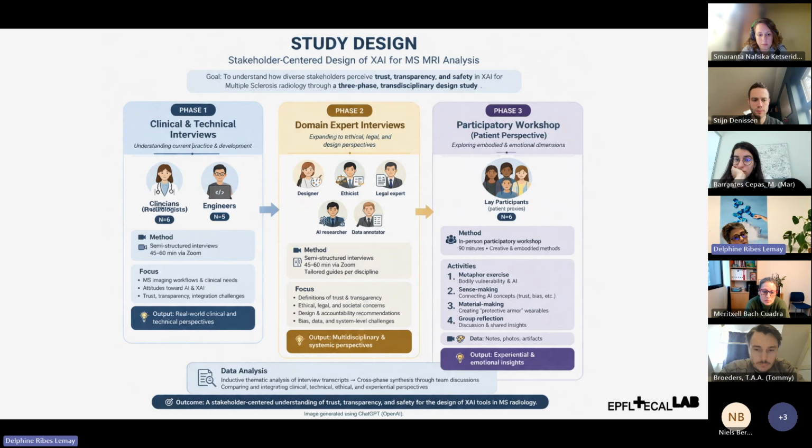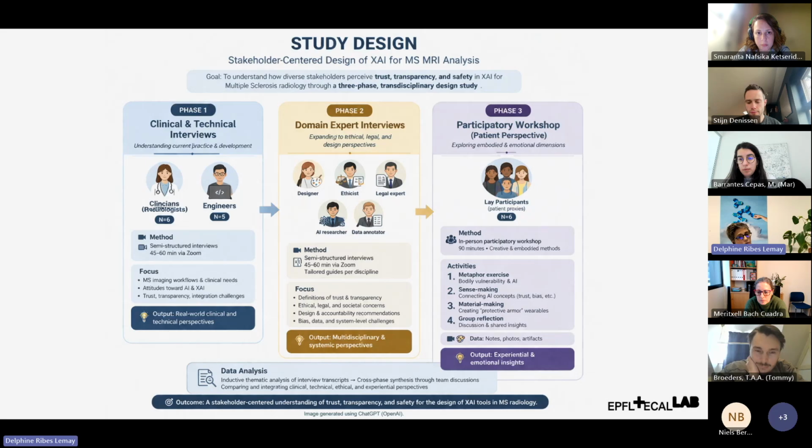Then in phase 2 we expanded the stakeholder perspective and asked people in design, in law, in ethics, also in AI, but also people who are doing annotations because they play a role in how AI is working. And then finally, we also wanted to have the patient perspective.